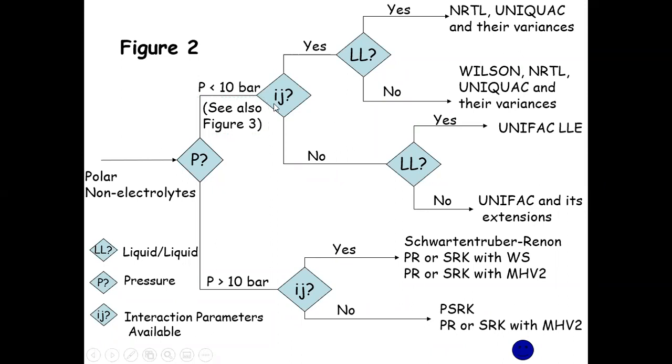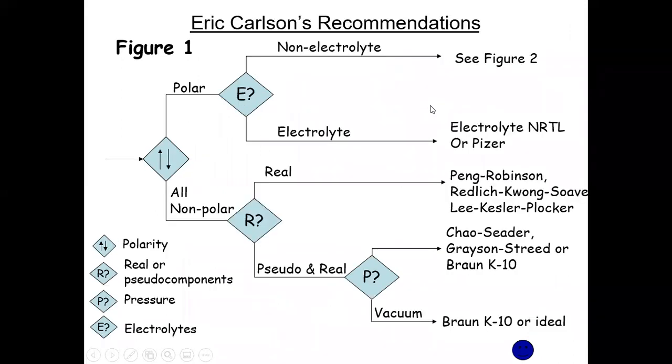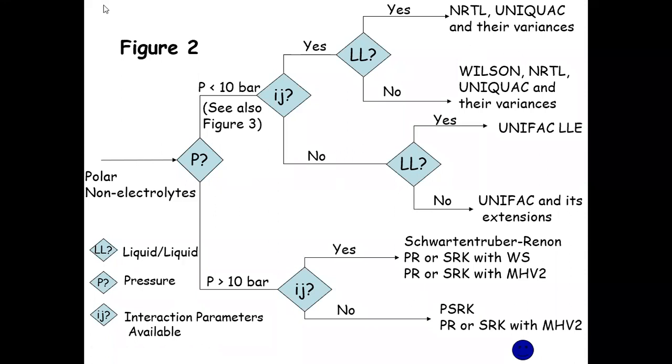Similarly, if the pressure is less than 10 bar and the interaction parameters are available, then it is LL, meaning liquid-liquid. Okay. So you can go with NRTL or UNIQUAC in that case. If not, then you need to go with Wilson or UNIQUAC and their variants.